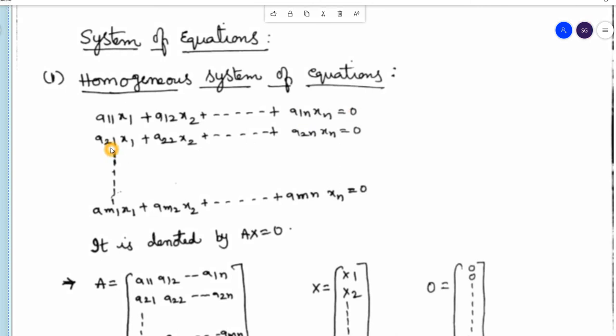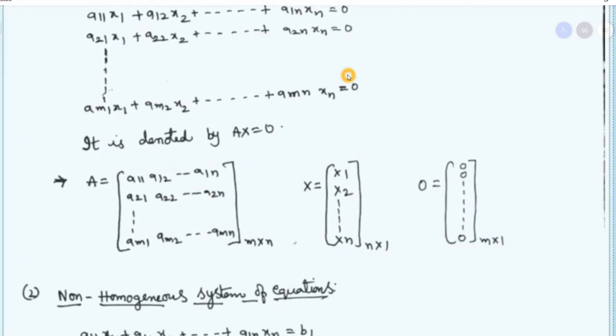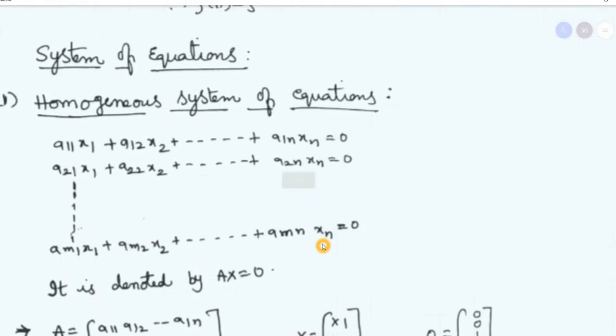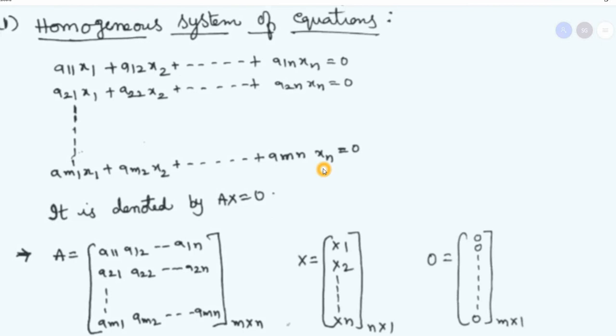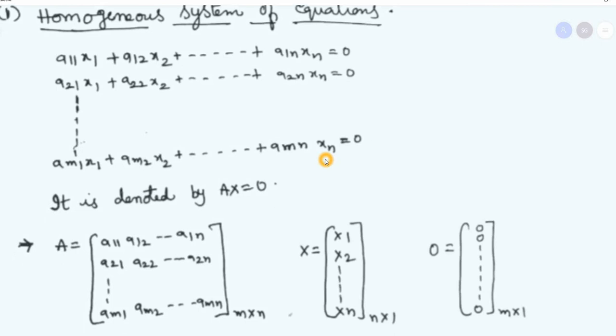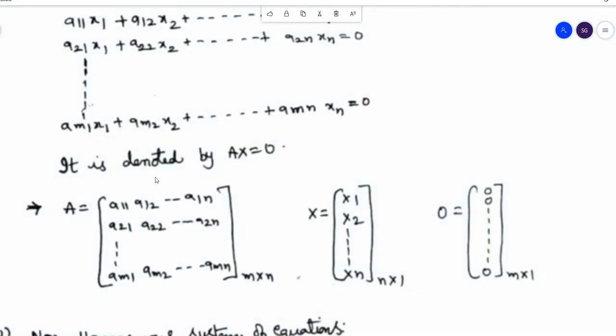The second equation is a21x1 plus a22x2 plus so on a2n xn is equal to 0, and so on, where the last equation is am1x1 plus am2x2 plus so on amn xn. So these are the m equations in n variables. That is, the number of variables here is n and the number of equations is m. The variables used here are x1 to xn.